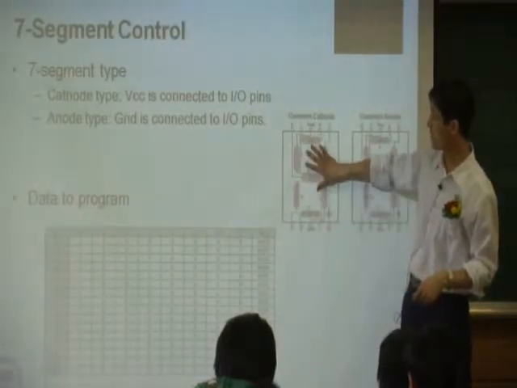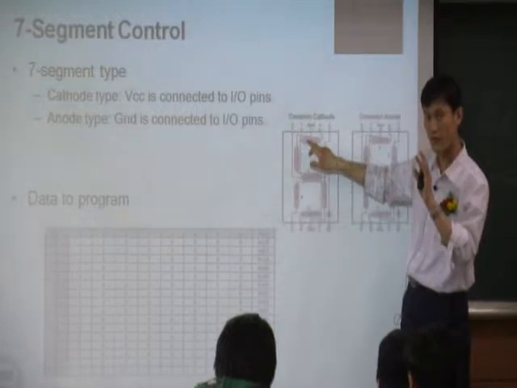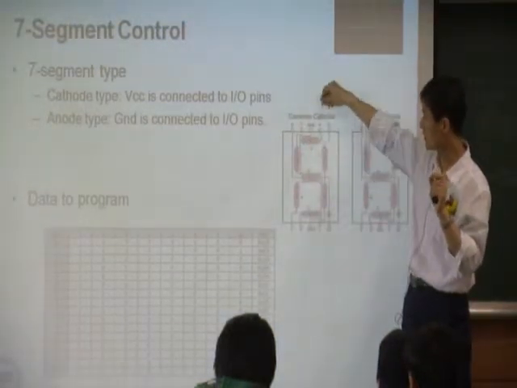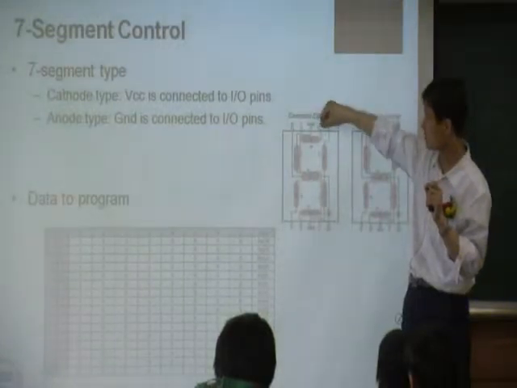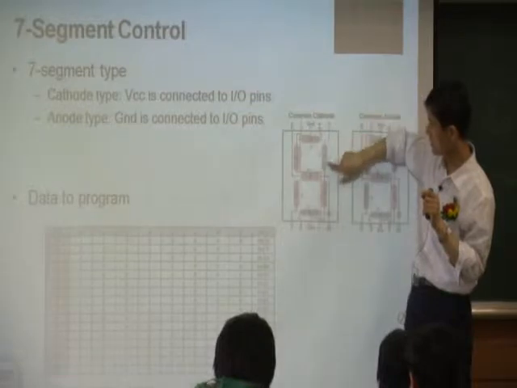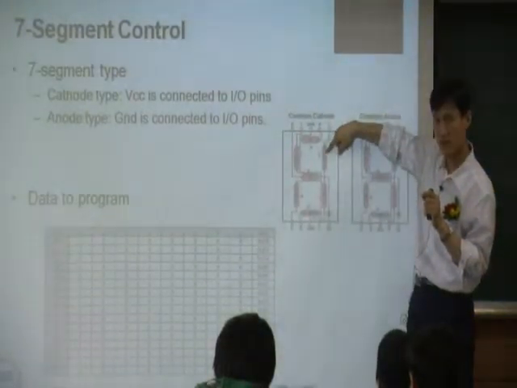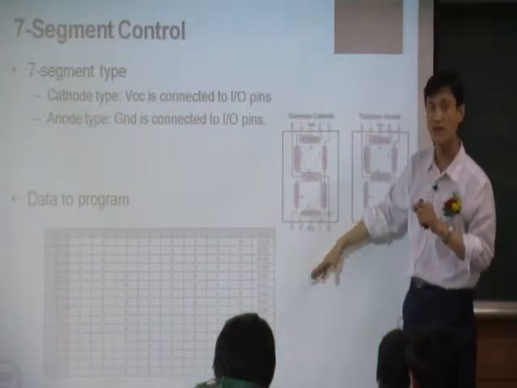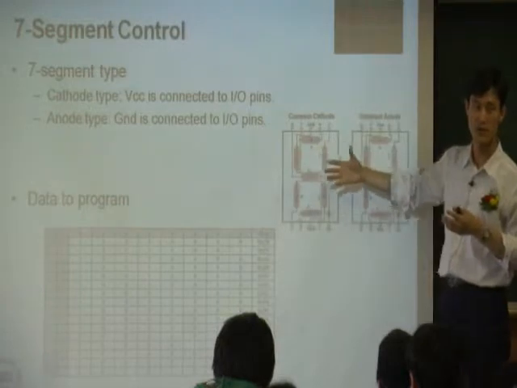So for this common cathode, in order to turn this one on, you connect a VCC here. If you put the VCC here, this will be on, because ground is already connected.